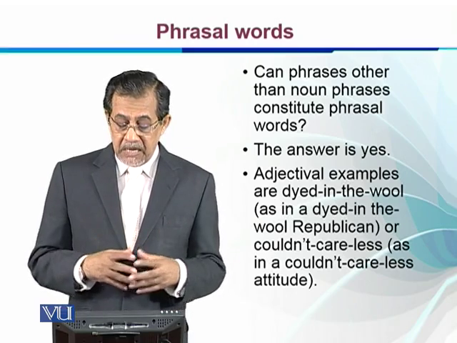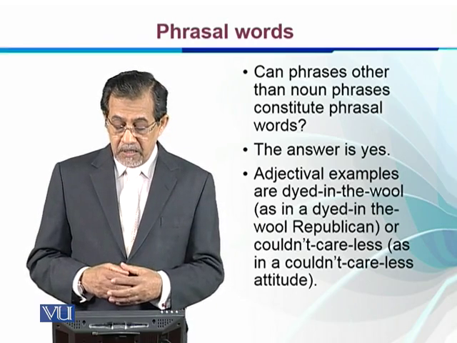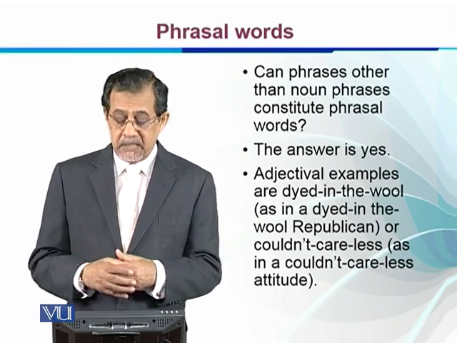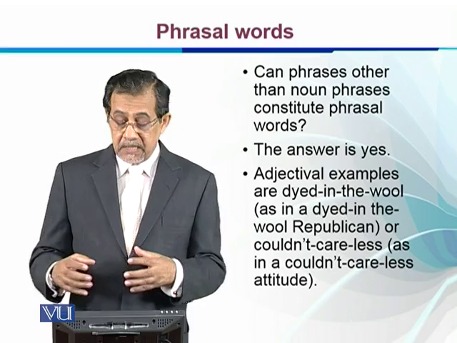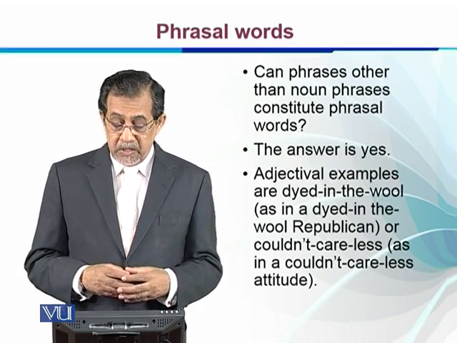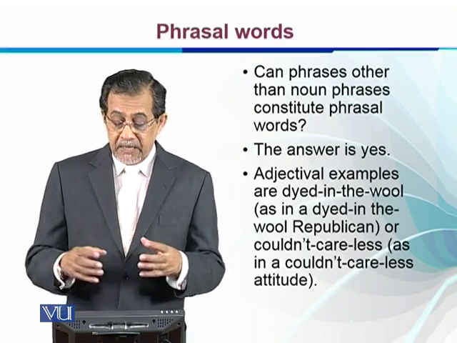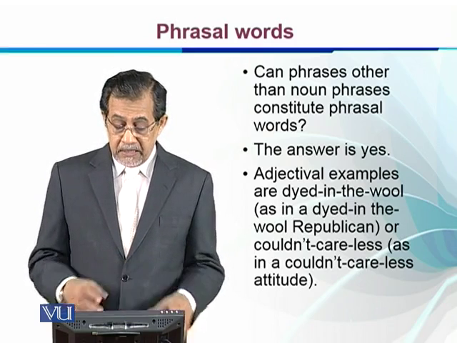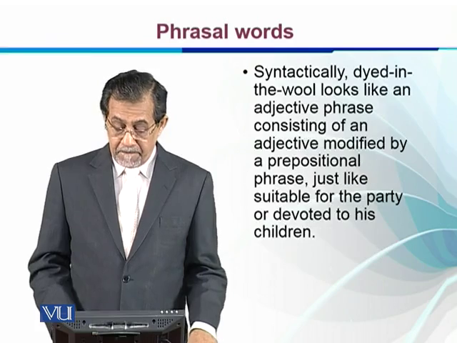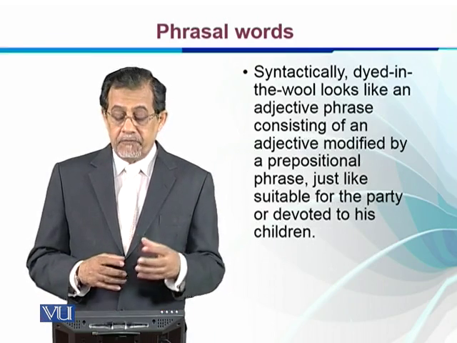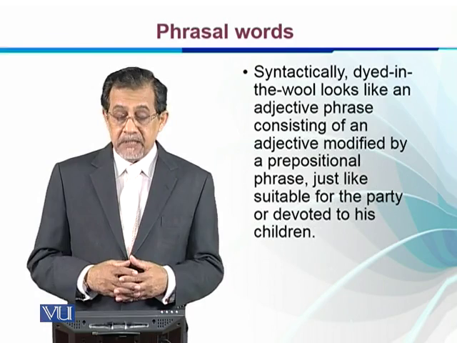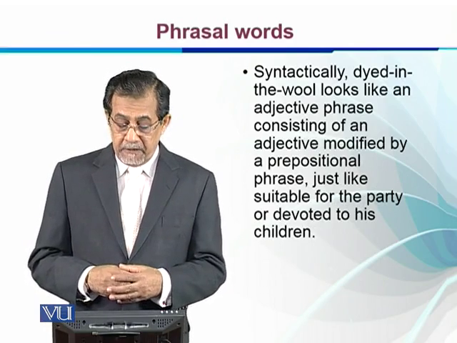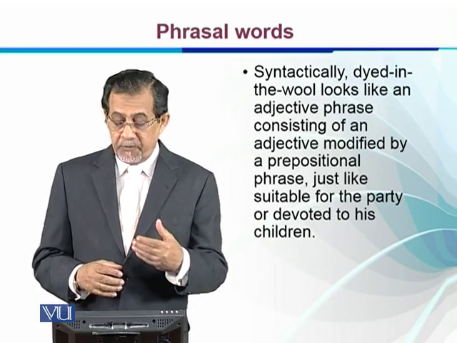Adjective examples are "dyed in the wool," as in "the dyed-in-the-wool Republican," or "couldn't care less," in "a couldn't care less attitude." So we find that these constitute phrasal words, right? Syntactically, "dyed in the wool" looks like an adjective phrase consisting of an adjective modified by a prepositional phrase, just like "suitable for the party."